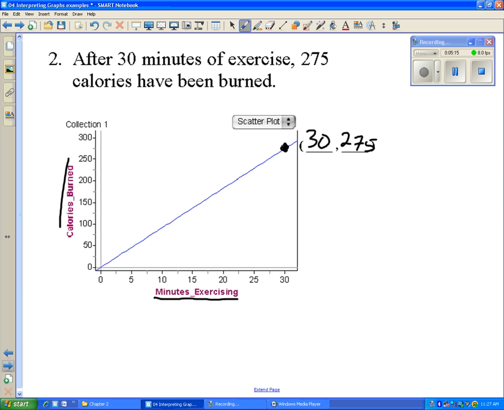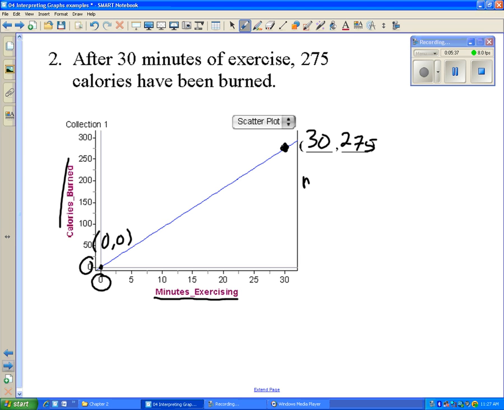I need another point. I need another coordinate that I can work on. Well, you always need to ask yourself, what happens if I worked 0 minutes? Well, 0 minutes is 0 calories. So I have the origin 0, 0 as one of my points.